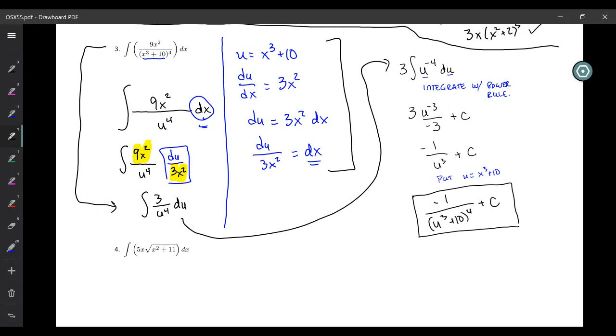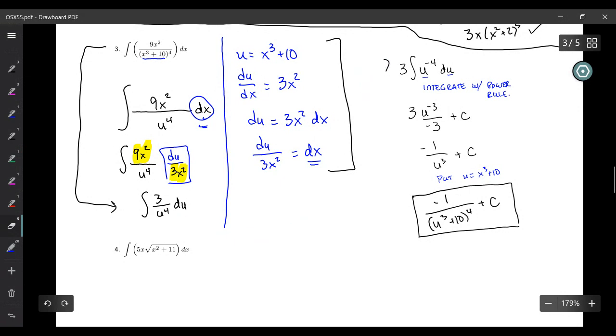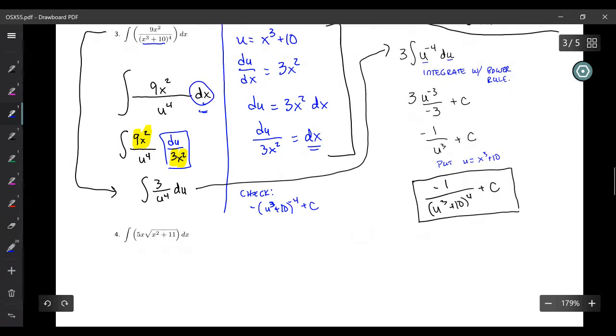All right, and if you check your work, let me do the check here. This is a negative x cubed plus 10 to the negative 4th power plus c. If you took the derivative of this, you would be at 4. Oops, that's not a u.